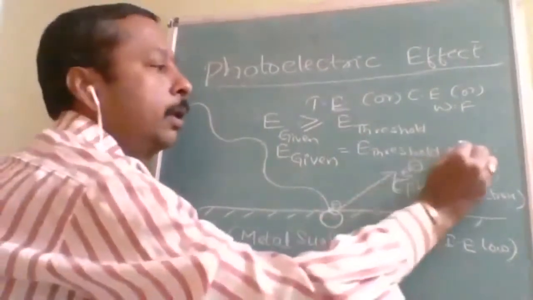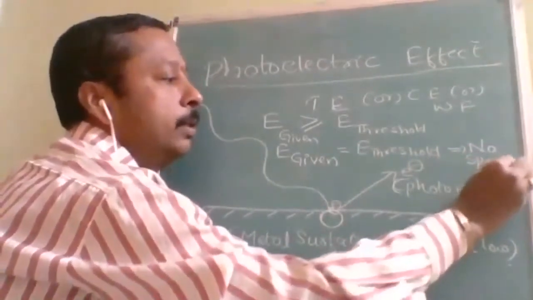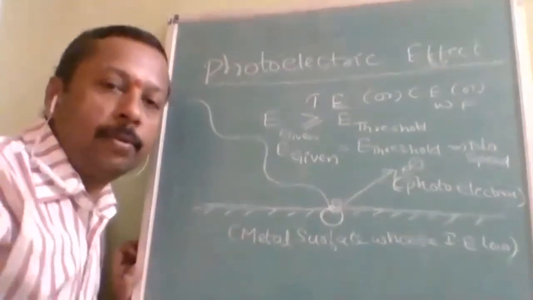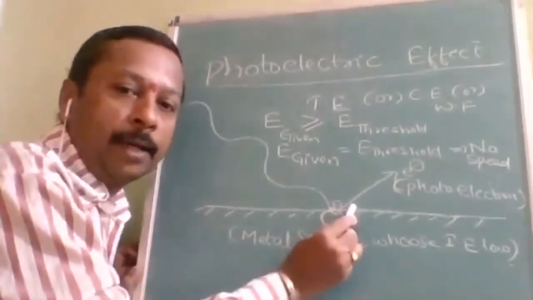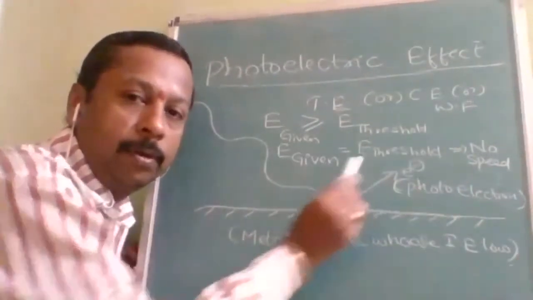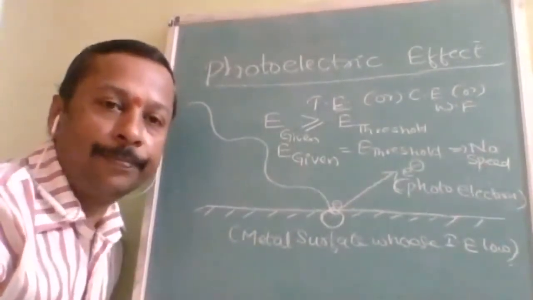At that time, no speed. Speed will be how much? It will be 0. It will come outside and wait outside. It will wait in the parking area. It will not move. So when given energy is equal to threshold energy, the speed of the electron is 0.